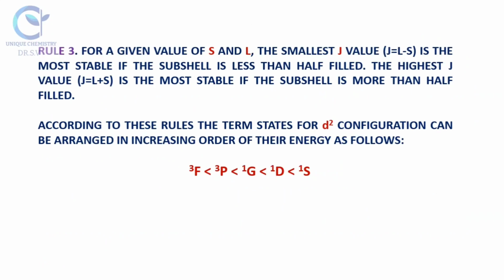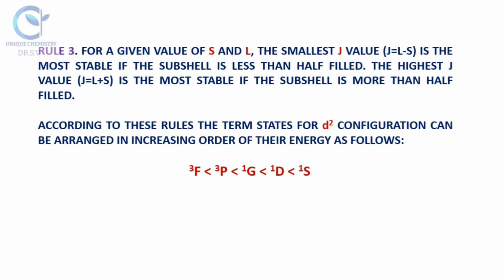Rule 3: for a given value of S and L, the smallest J value, J equal to L minus S, is the most stable if the subshell is less than half filled. The highest J value, J equal to L plus S, is the most stable if the subshell is more than half filled.